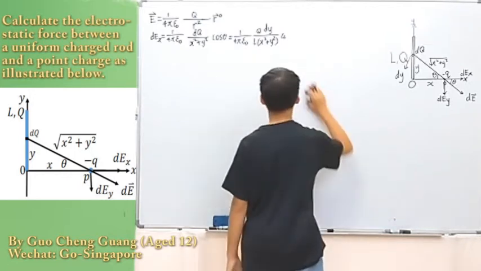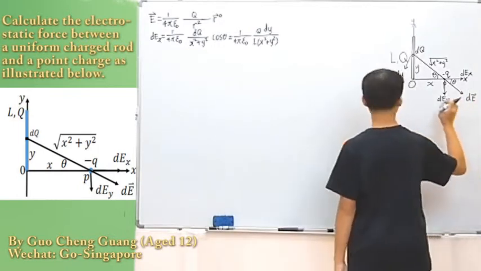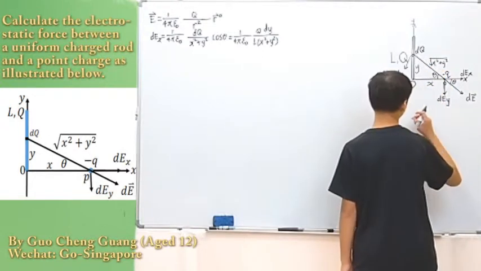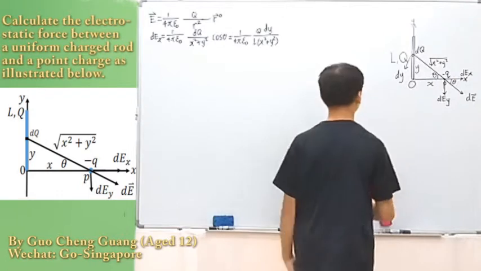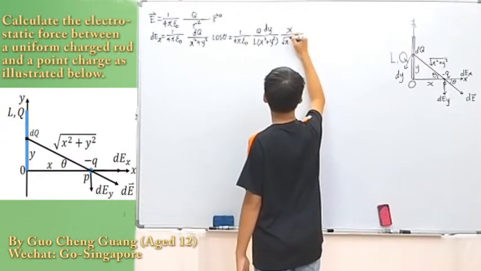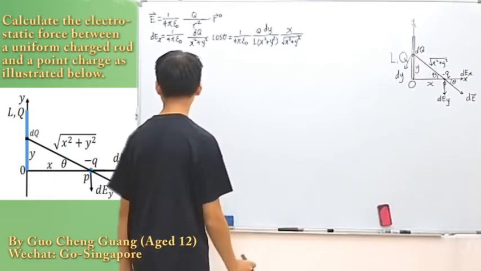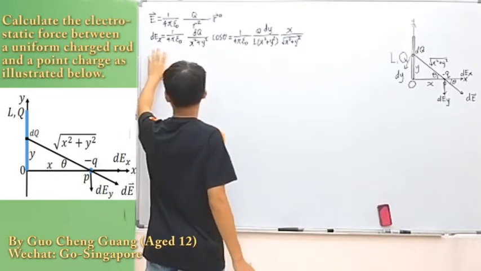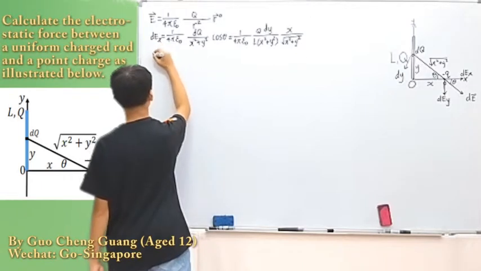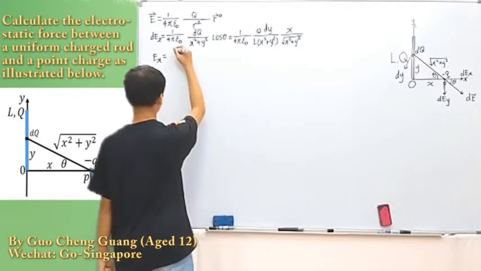For cosine, since theta are the same for both of these, we could use this theta to find cosine theta, which will be x over the square root of this whole thing. Alright, so this is the part that we're going to have. So here is dEx. How about the actual Ex? All the constants we can take outside.